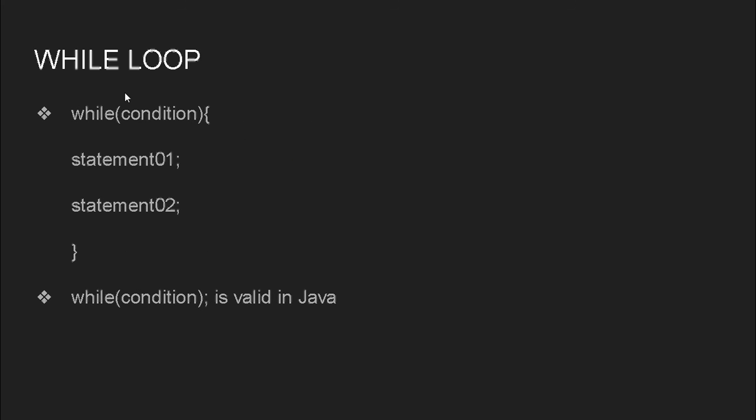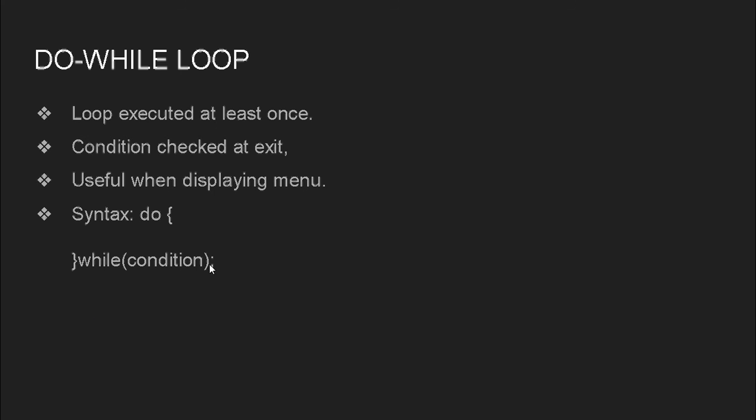Here, the condition was checked at the entry point, but here the condition is checked at the exit point. You can check the syntax also. Syntax is do. No condition is getting checked here. So do, then after that I am writing while, and then I am checking the condition at this point. So that is why this loop is executed at least once.